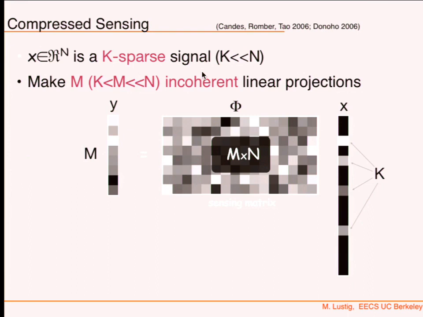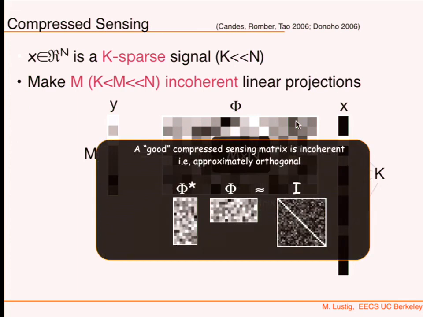But for example, one of the arguments for incoherency would be that this matrix is generated by picking values out of a random Gaussian distribution. Just an example.